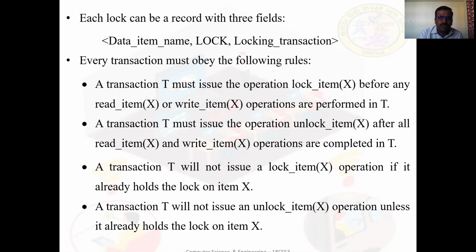Another rule: a transaction T will not issue an unlock_item(X) operation unless it already holds the lock on item X. If it already holds the lock on item X, then there is no need to issue an unlock operation in transaction T.